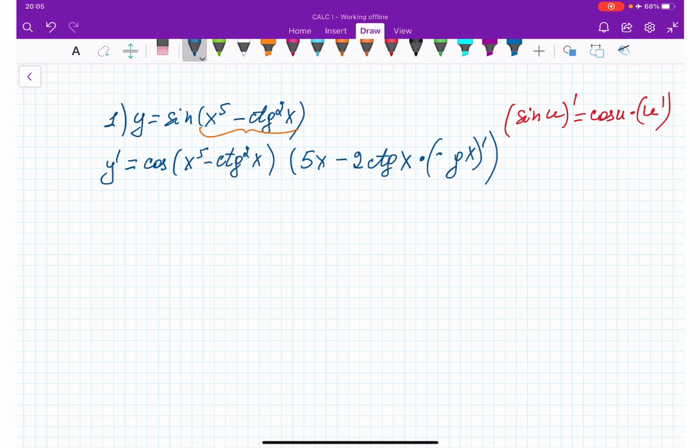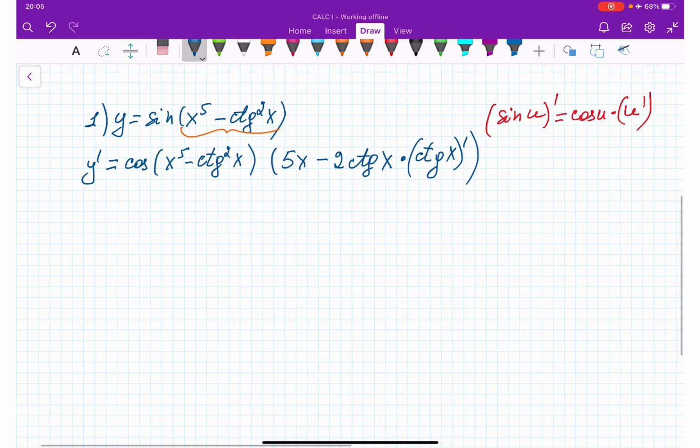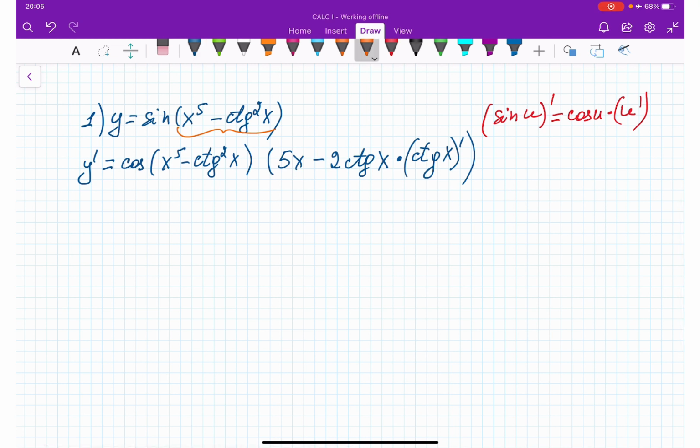Let me see if I jumped too much. So the derivative of sine is cosine, okay? And then we take the derivative, multiply, this is our u prime, the derivative of this u prime, x to 5 minus cotangent squared x.